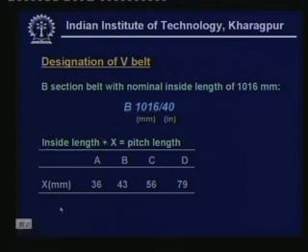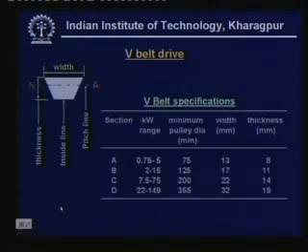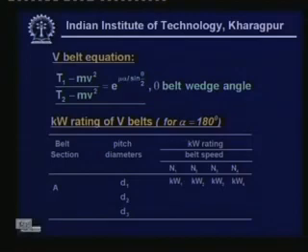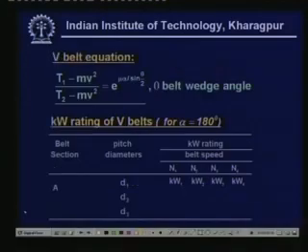Now, we have learned about this particular equation which gives us the relationship between the belt tensions, that is (T1 minus mv²) by (T2 minus mv²) equals e to the power mu alpha.